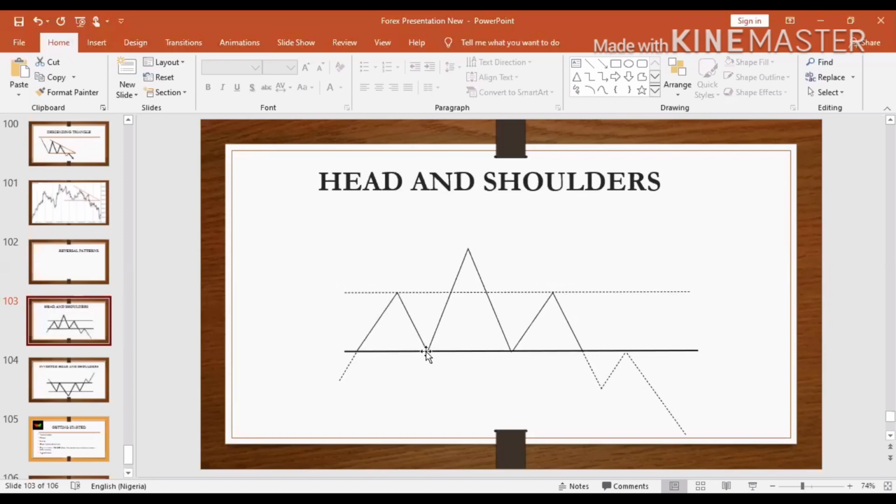As soon as this support is found and respected, the left shoulder is confirmed. So price then bounces off this support zone, going upward to a resistance that is higher than the previous high. That makes this previous high the head in this formation.